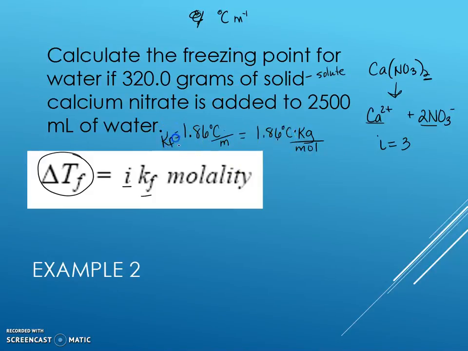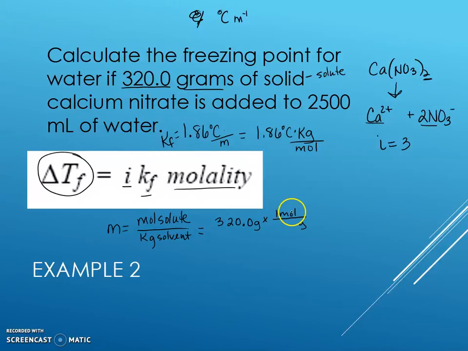We've got that. The only thing we're missing is our molality. Remember, molality is equal to moles of solute over kilograms of solvent. All right, so we look at moles of solute. We have 320 grams of solute. Well, that's not a big deal. We know how to go from grams to moles, right? So we're going to put the molar mass on bottom and 1 mole on top.